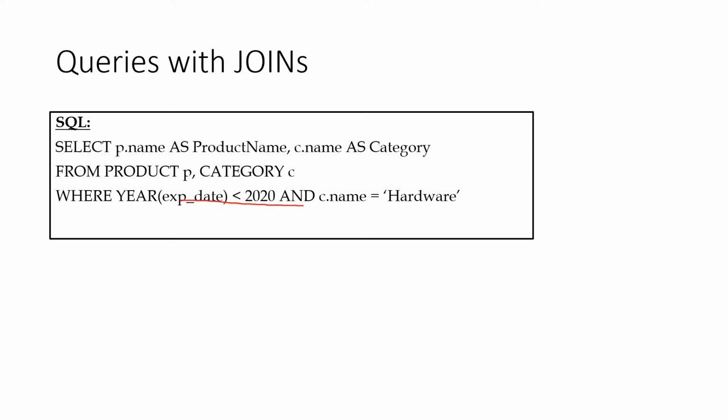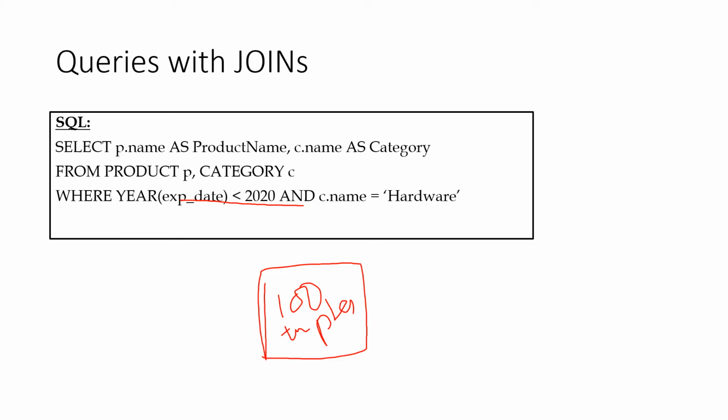If we have a clustered index on the expiry date, then with this join query, it would be easier if we first get all the tuples with year less than 2020. So maybe there would be 100 such tuples, and then we use these 100 tuples to join with the category table instead of joining 1 lakh tuples of products with the category table.